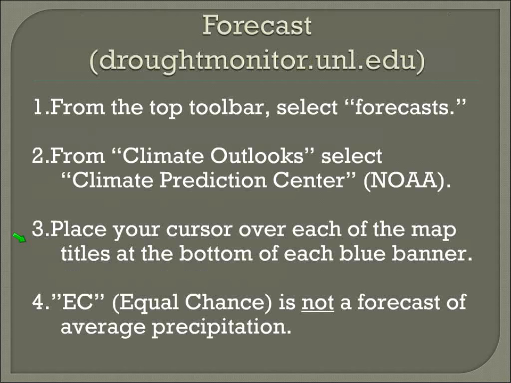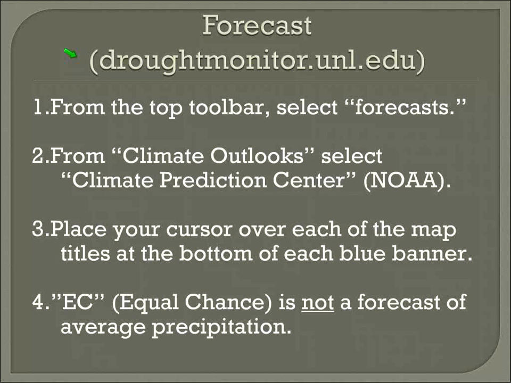Now, in addition to looking at your past records and current records, there's also a world of help available through the forecasts, and we had an opportunity to listen to Mark Svoboda already, and he talked about the different forecasts. This slide and the next slide on forecast are easily accessible.